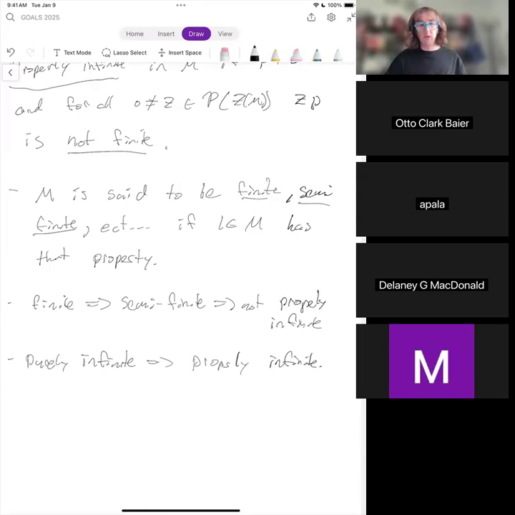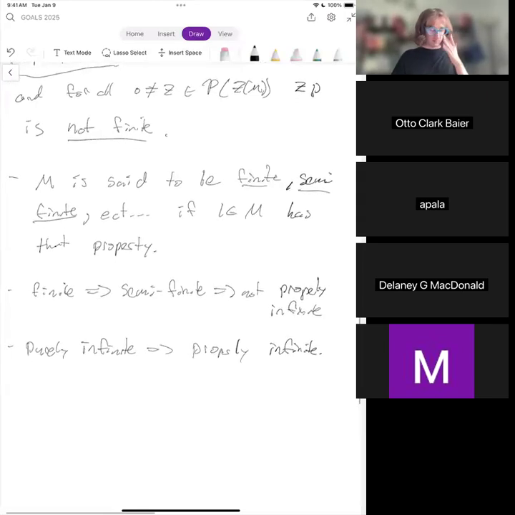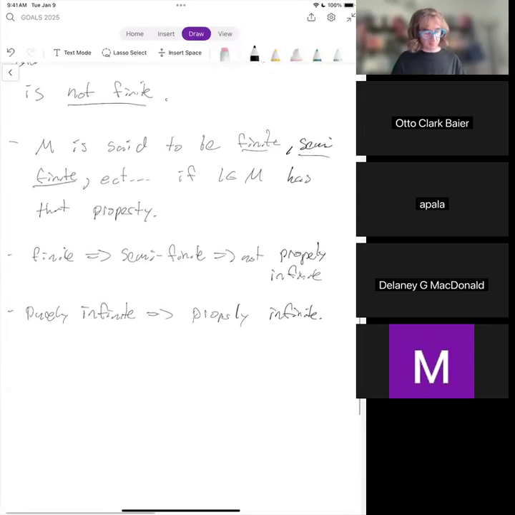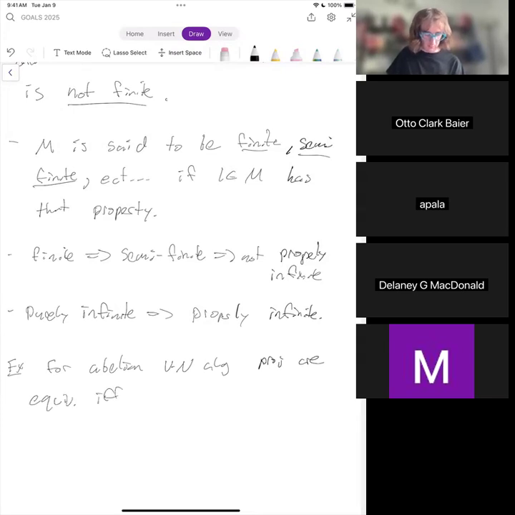Now let's work on some intuition about von Neumann algebras we've looked at that have projections with these properties. The first example is that for abelian von Neumann algebras, projections are equivalent if and only if they are equal.